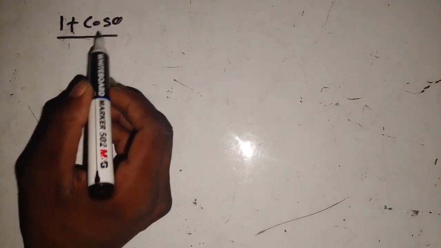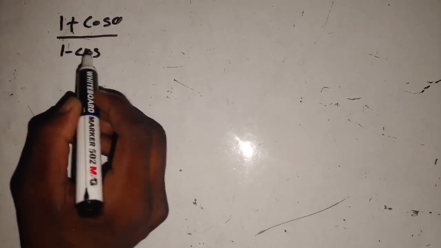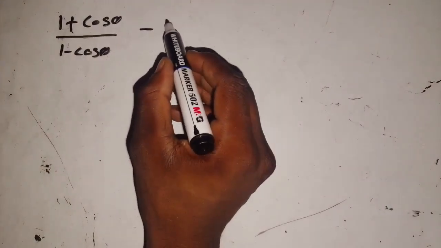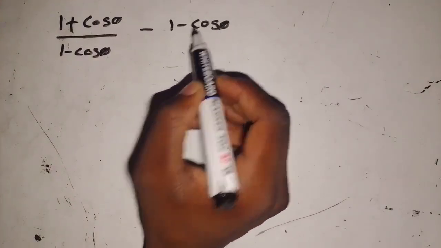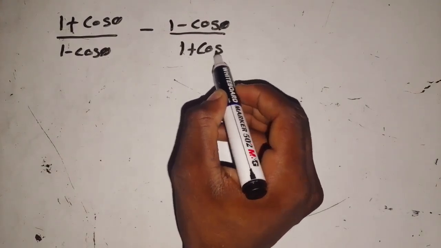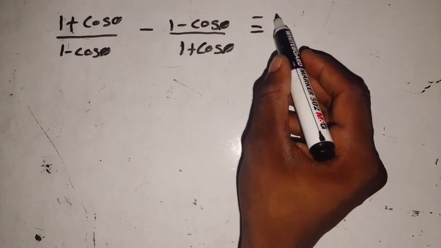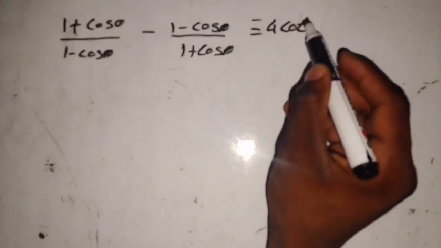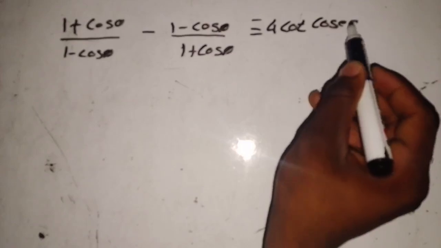So we have this identity, which is (1 plus cos theta) divided by (1 minus cos theta), minus (1 minus cos theta) over (1 plus cos theta), is equivalent to 4 cot theta cosec theta.